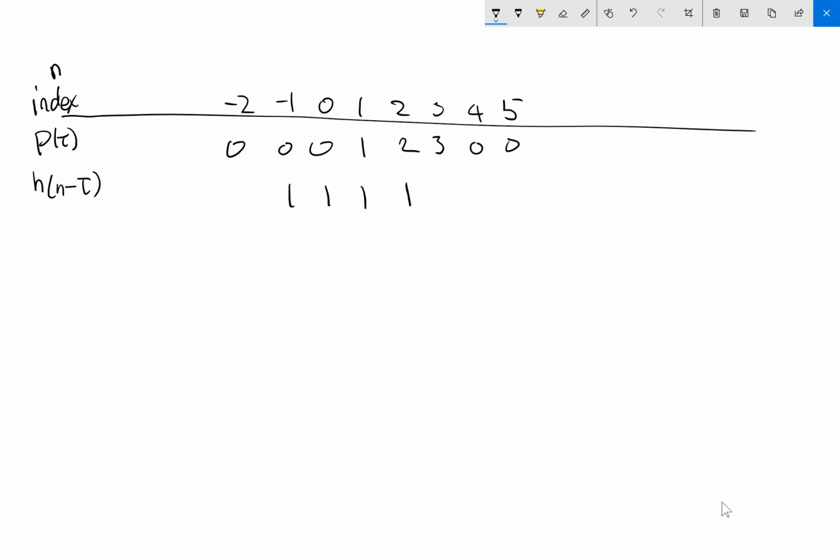And then make this one n, because it was 0. So what we are going to do is search the value of the convolution for every n. Usually I suggest that you start from 0, go to the right, and when you find it ends, then you come back to 0 and go to the left.